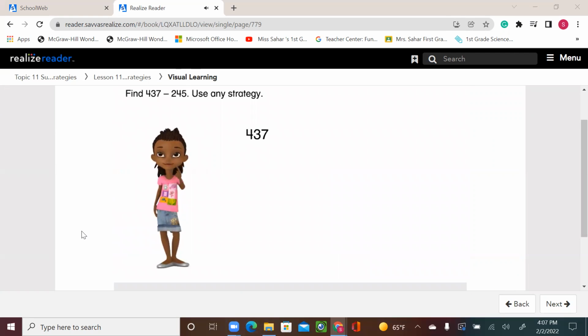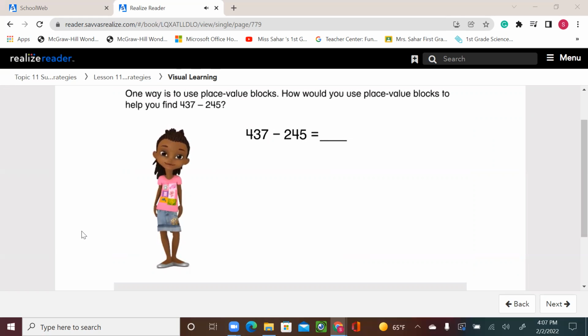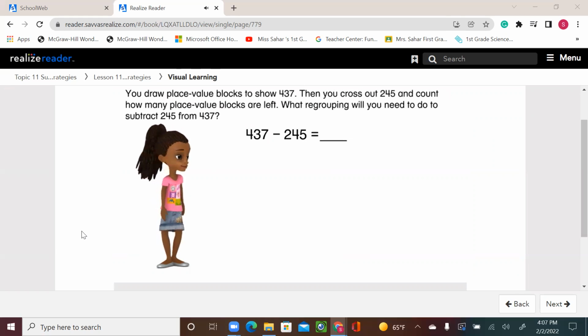Find 437 minus 245. Use any strategy. One way is to use place value blocks. How would you use place value blocks to help you find 437 minus 245? You draw place value blocks to show 437.